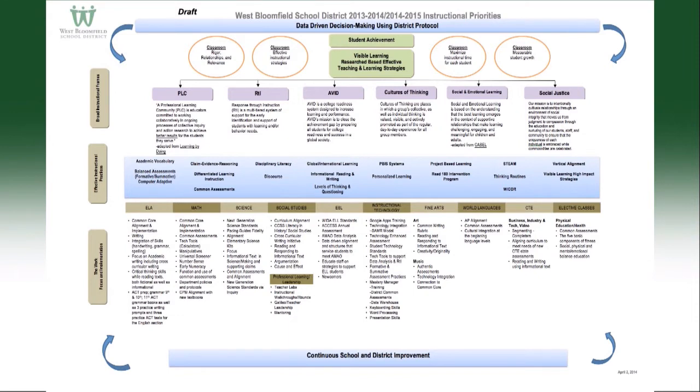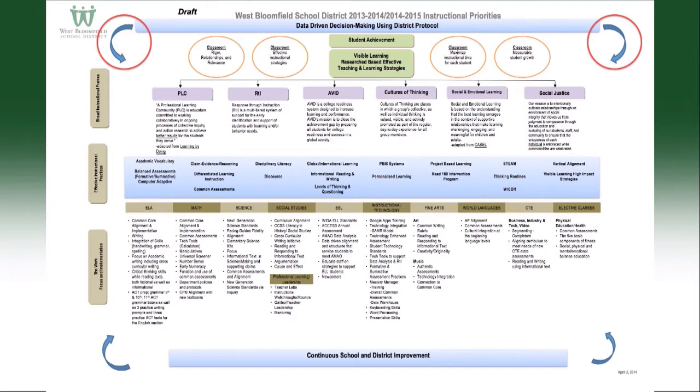If we look at the document, it starts by focusing on our district-wide protocol for analyzing student data. As you move to the next focus, you can see the data protocol piece, and the arrows indicate that it embraces all of the work that we do throughout the district.